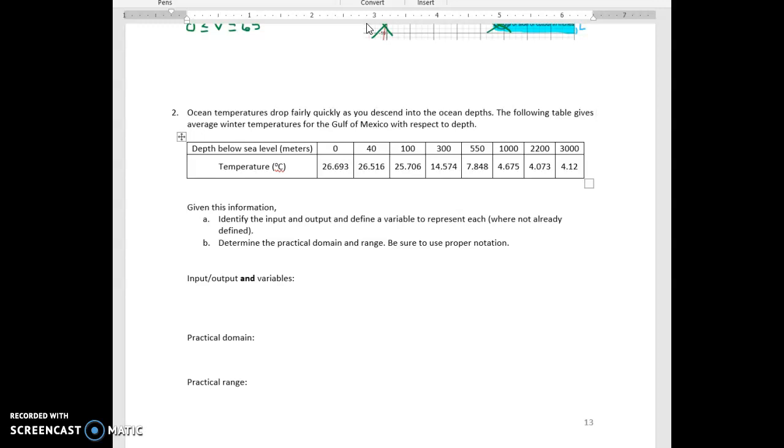When you see this idea of with respect to, we're going to have the input be depth. We know that because depth on this table comes first, or is on top. We also know this because the output depends on the input.